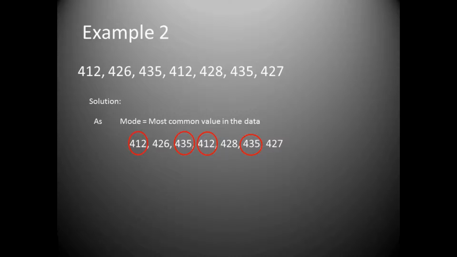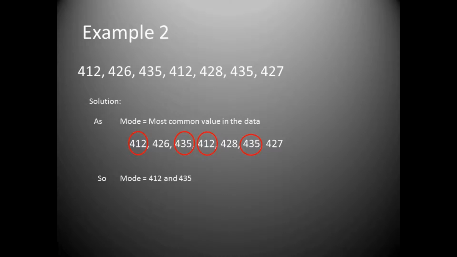So the mode or model of this particular data is 412 and 435. It can be considered bimodal data. Keep in mind, when we have three values which are repeated an equal number of times in the data, then there will be three modes of that data.